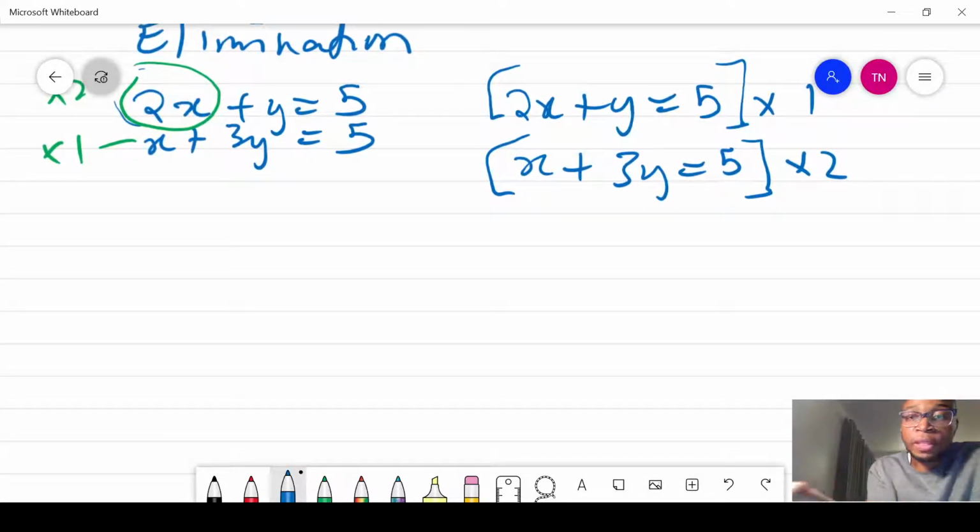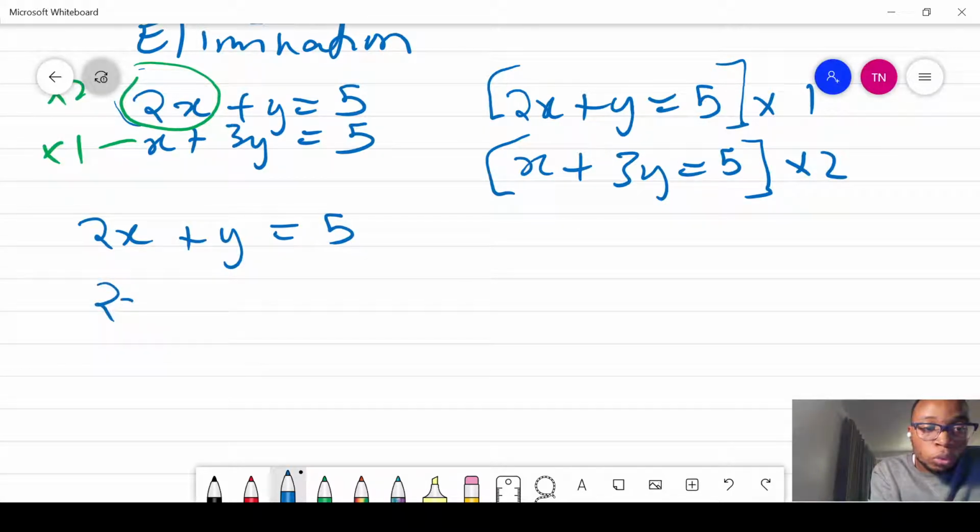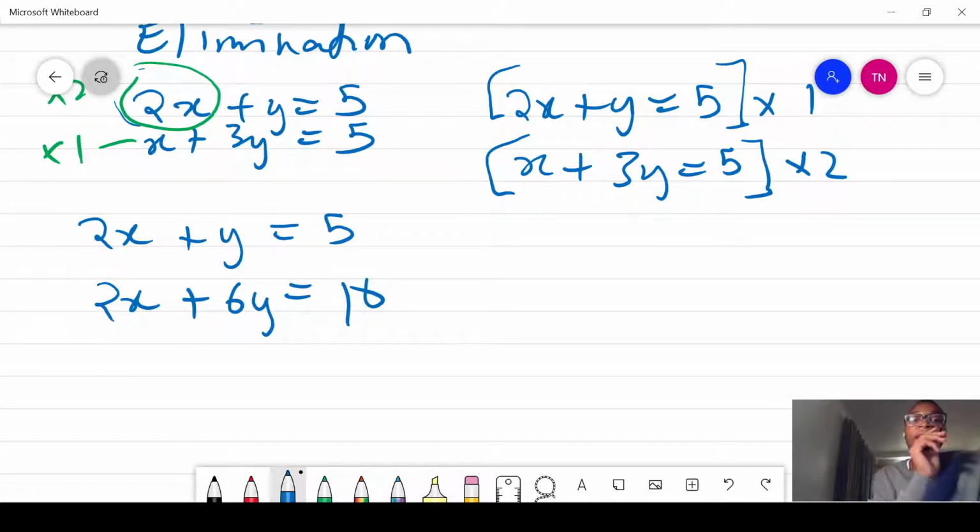And what that gives us now is that 1 times 2x is just 2x, then plus y equals to 5. This equation doesn't change. Then the bottom one now becomes 2x plus 6y equals to 10. Then now when we have it like this, we can eliminate x by subtracting the two equations.